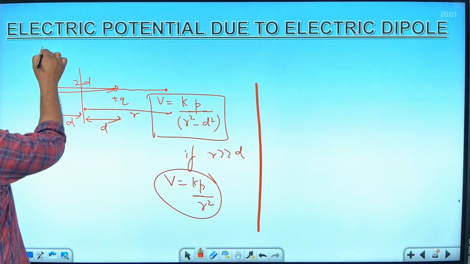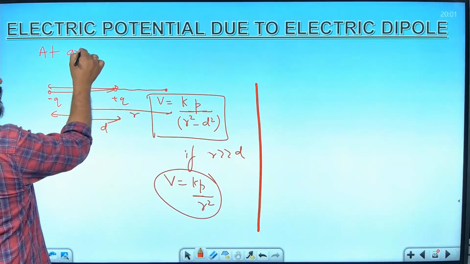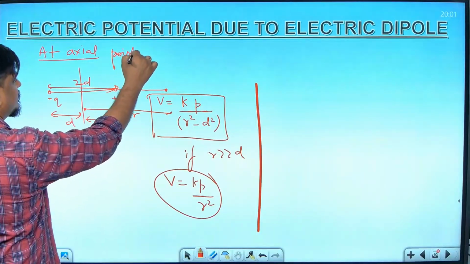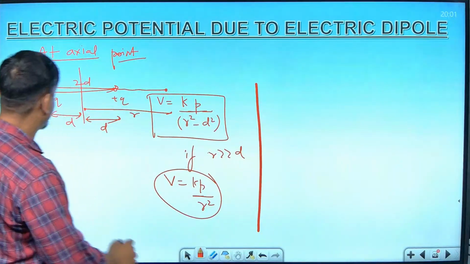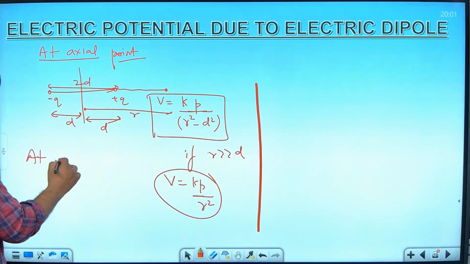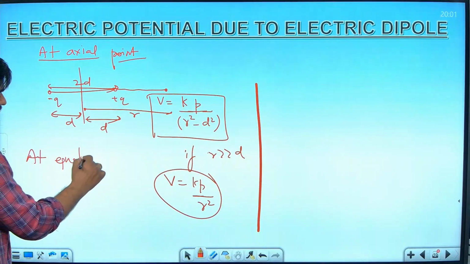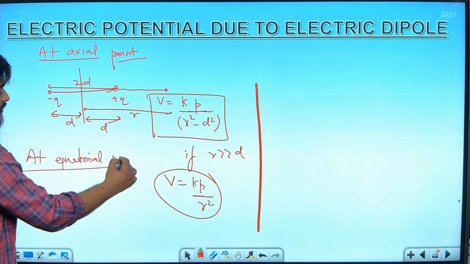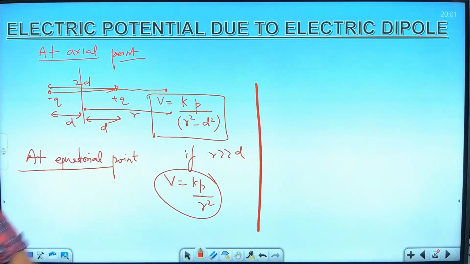This was at axial point. What about equatorial point? Remember? 0. Why 0? Yes, both will be cancelled. Since scalar quantity, there is no vector here. So one will become K into plus Q by root over R square minus D square, R square plus D square. Another will be K into plus Q by root over R square plus D square.